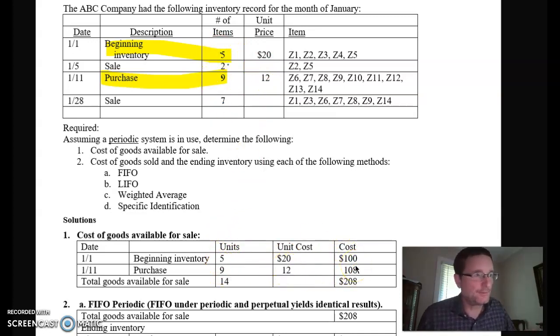When I say add, I'm just multiplying. So 5 times 20 is 100. 9 times 12 is 108. Add them up, you get 208. So cost of goods available for sale is $208. And we already talked about 14, but 5 and 9 is 14. And we just talked about how we have 5 units in ending inventory.